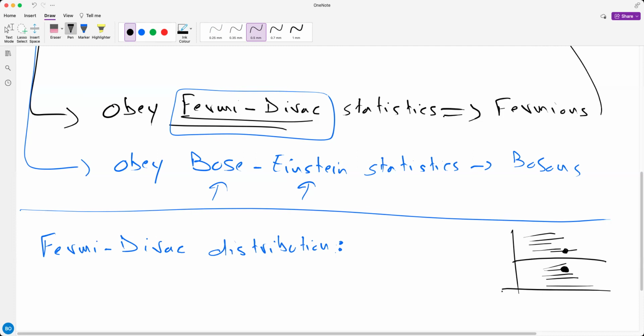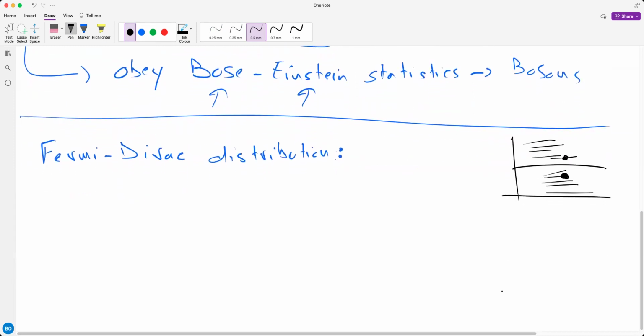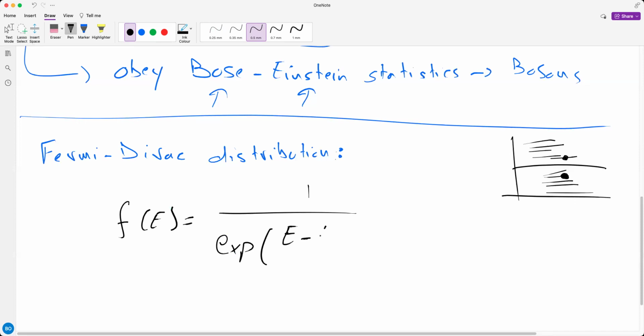The Fermi-Dirac distribution is a very important quantity in physics and electrical engineering: 1 divided by exponential of (E minus EF) over kT, plus 1.